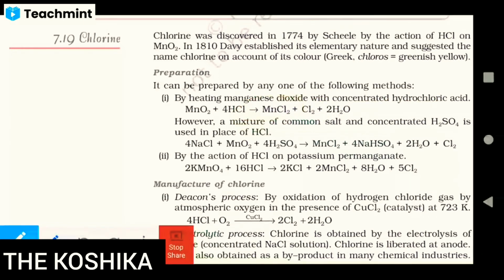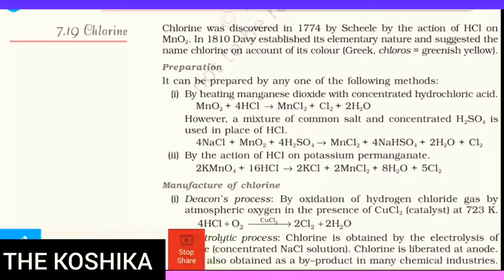However, a mixture of common salt and concentrated H2SO4 is used in place of HCl. The action of HCl on potassium permanganate, that is 2KMnO4 plus 16HCl, gives you 2KCl plus 2MnCl2 plus 8H2O, and finally the desired product, chlorine.